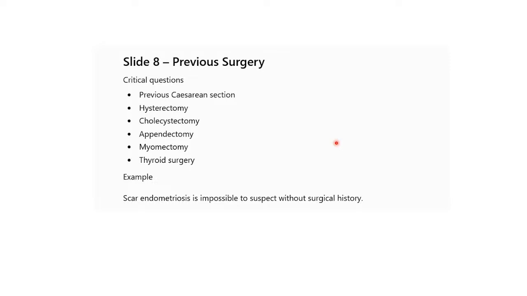Otherwise, you embarrass yourself by saying the uterus is normal when a hysterectomy was done or a cholecystectomy was done. Example: scar endometriosis is impossible to suspect without surgical history. You understand this? It is very difficult to think of scar endometriosis if you don't have the history.